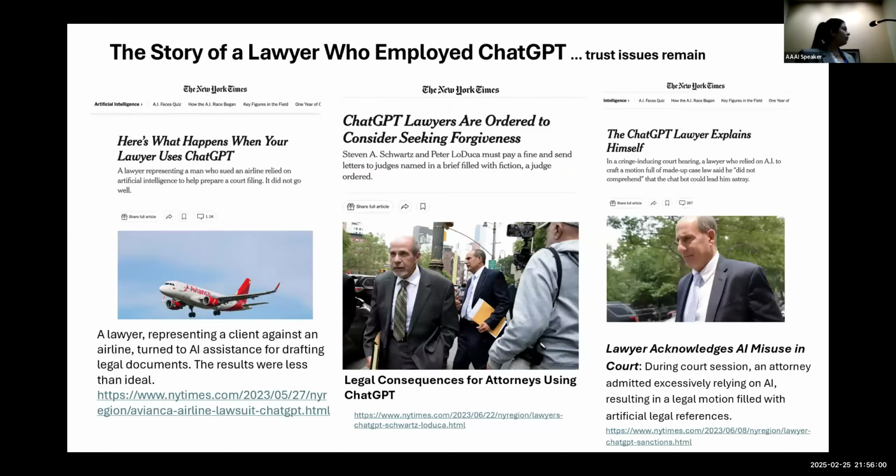Now, we have always known many news stories about generative AI. This is one of the news stories which came up in 2022, the story of a lawyer who employed ChatGPT, and it was about trust issues.